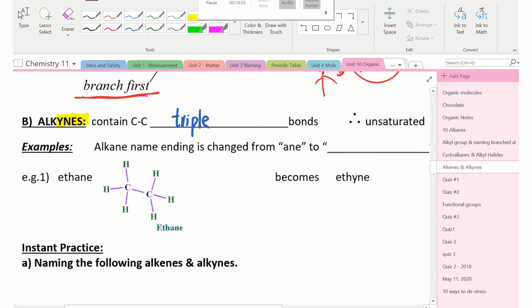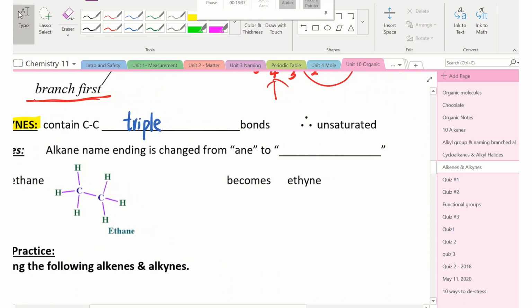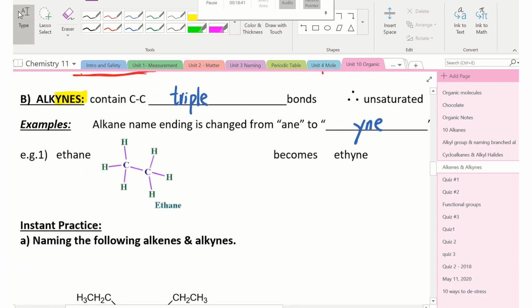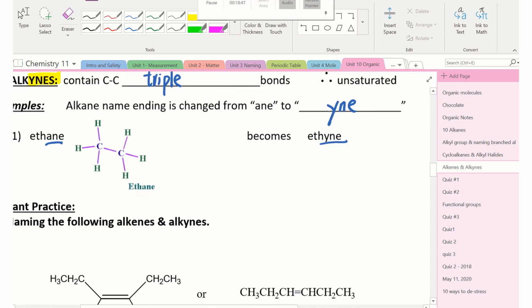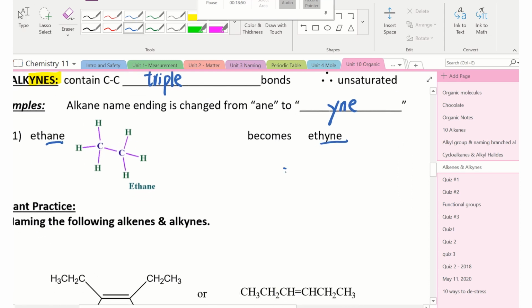Okay, and let's go for some examples. So the ending ane, change it to yne. Ethane, 2 carbon, becomes ethyne. I already showed you the structure here. Carbon-carbon with triple bonds and hydrogen.